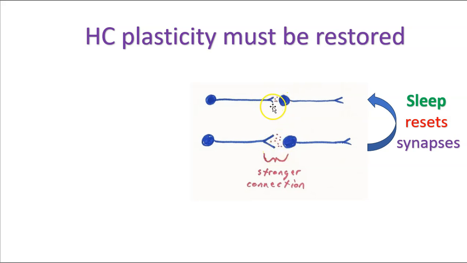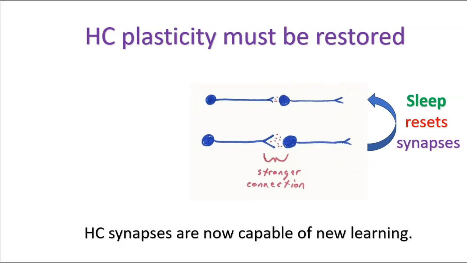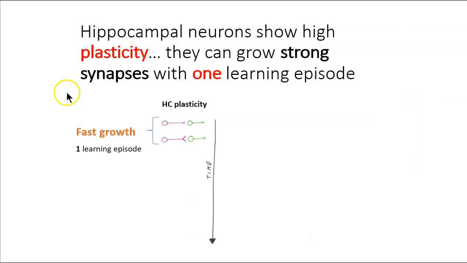So we have to weaken them again so that they can be ready for new learning. So you've got to restore the plasticity of hippocampal neurons, and sleep seems to be a time when we're doing this. So sleep has two important functions: to consolidate memories, but then also to refresh the hippocampus.